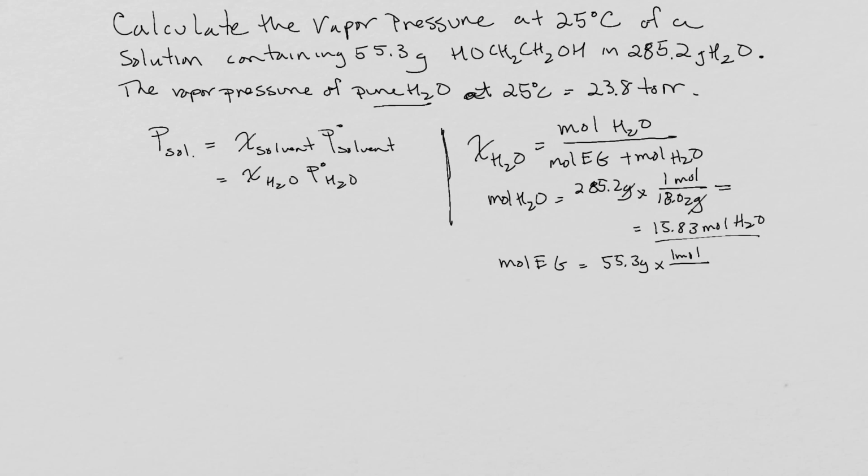If I add up the molar mass of this molecule, I get 62.07 grams per mole. So the 55.3 grams represents 0.8909 moles of EG.